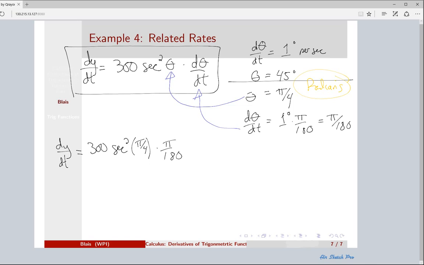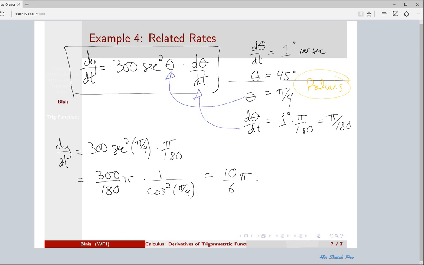And we need only simplify this. With secants, it's usually easier to rewrite it as cosine. So secant squared would be 1 over cosine squared of pi over 4. 300 over 180, that's 30 over 18, or 10 over 6. So this is 10 over 6 pi.